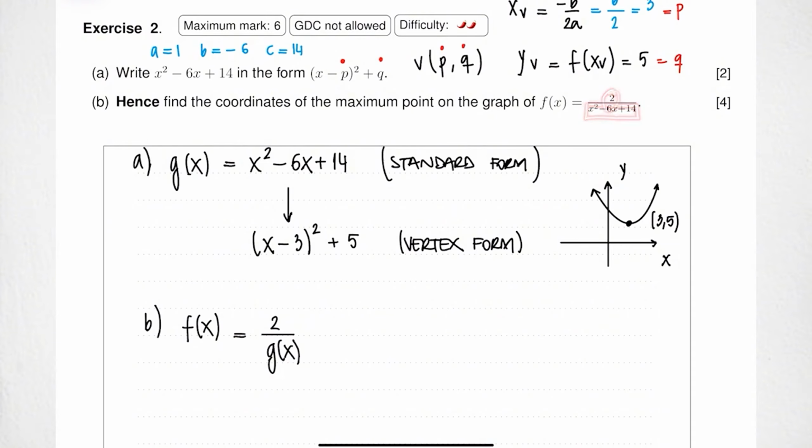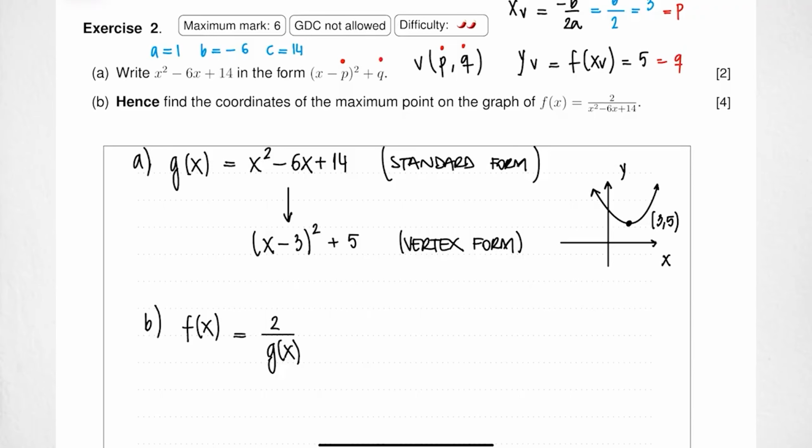However, if x squared minus 6x plus 14 takes the place of a small number, then 2 over a small number becomes a bigger one. Now, let me show you with 2 different examples. Let's say that you're talking about f of 0, which is 2 over g of 0, or 2 over 0 squared minus 6 times 0 plus 14.